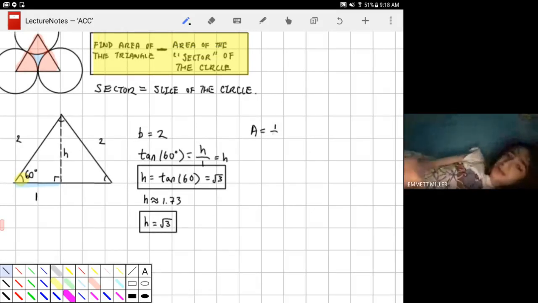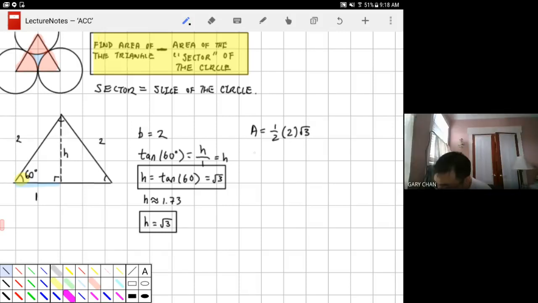The 2's cancel out and you just get radical 3. So the area of the equilateral triangle is equal to radical 3.